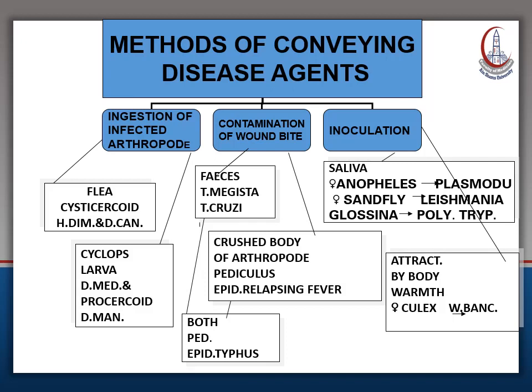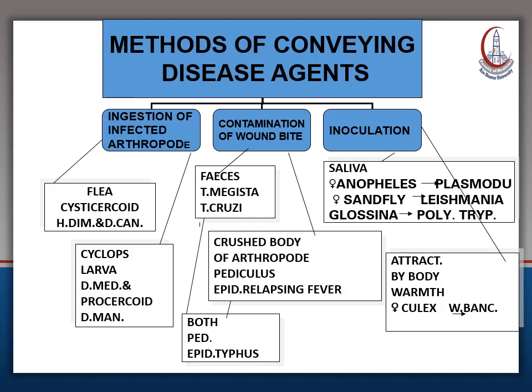We may ingest the infected arthropods, as sometimes we swallow a flea containing the infective stage of a helminth known as Dipylidium caninum or Hymenolepis diminuta. Or we may swallow with water the cyclops containing the larva of Dracunculus medinensis or the procercoid of Diphyllobothrium mansoni.